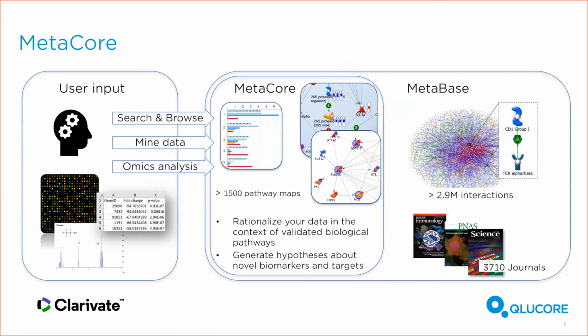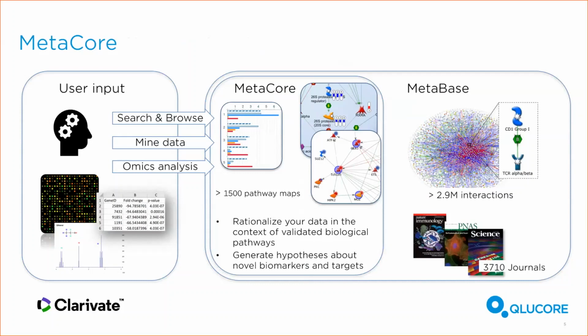Another type of content in Metabase are the pathway maps. So these are manually curated canonical signaling pathways that are curated into a single map, and they'll also be relevant to today's talk. Over on the right-hand side of this slide is yourselves, as users, or myself today giving the demonstration, inputting a query.